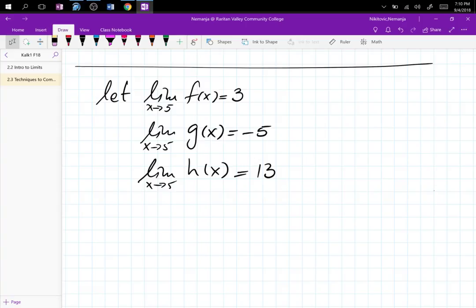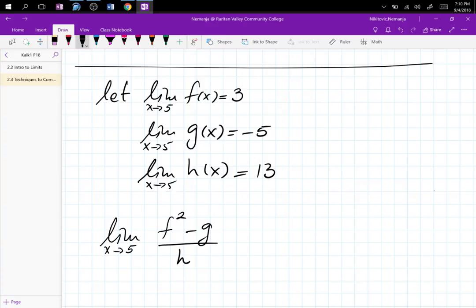And now, this is what I call mathematical gymnastics. The limit as x goes to 5 of f squared minus g, divided by h.